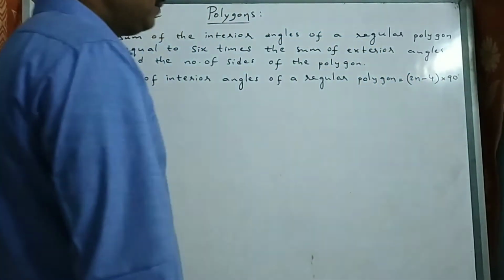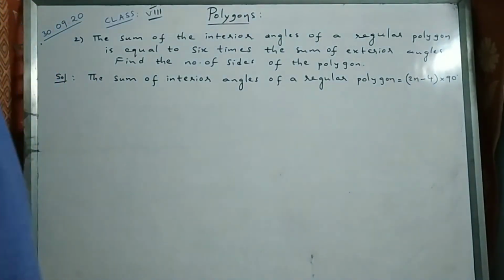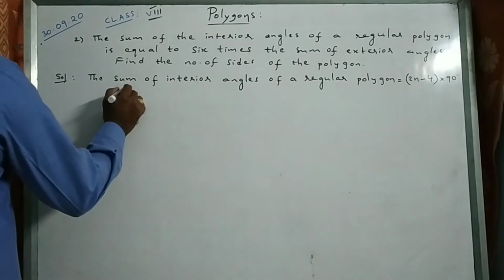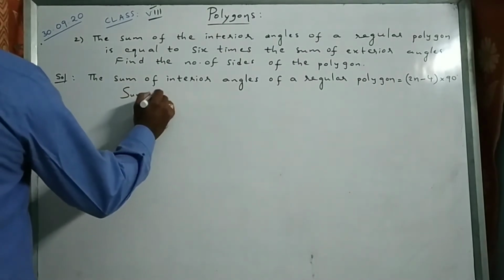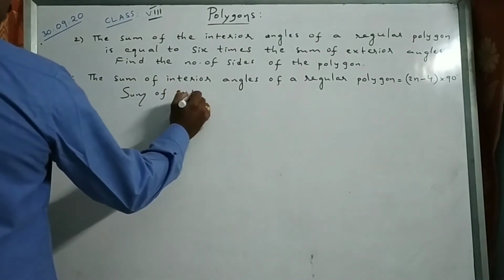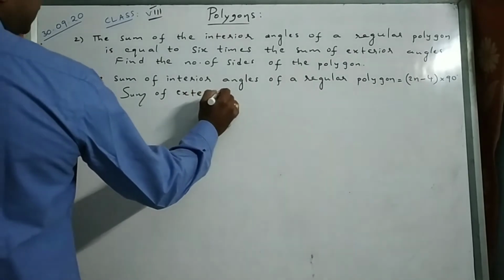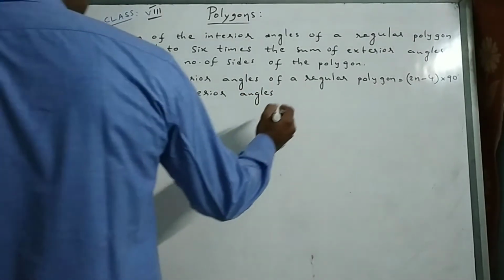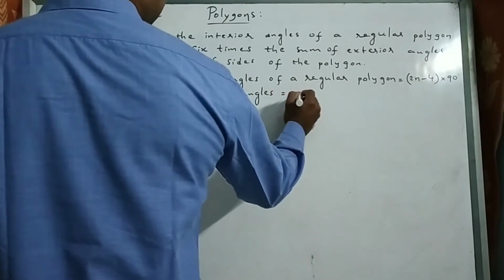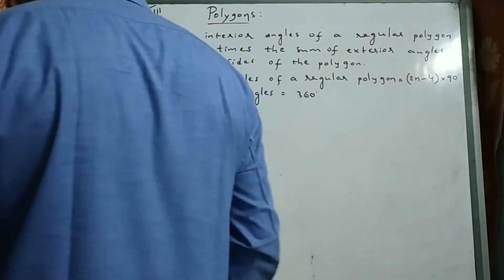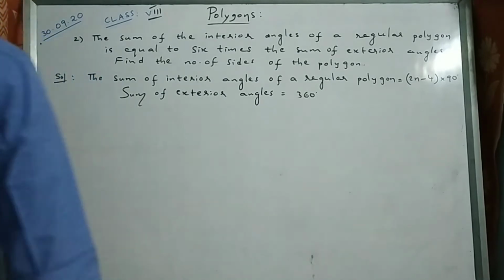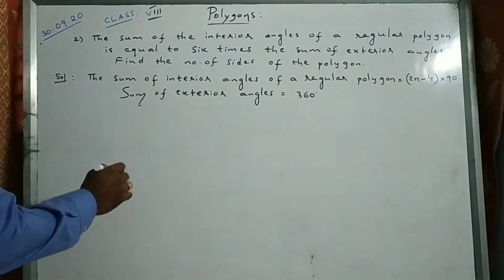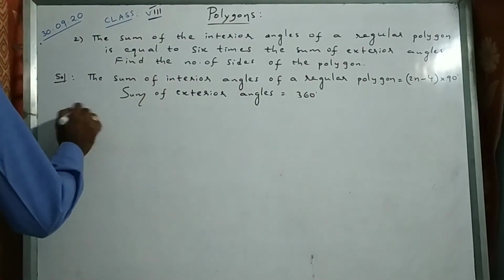I told you the formula, revise it. Next, sum of exterior angles is always 360 degrees, right? Sum of exterior angles of any polygon is 360 degrees, right?